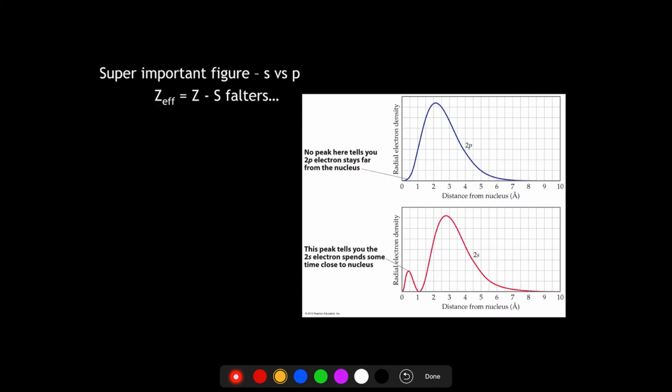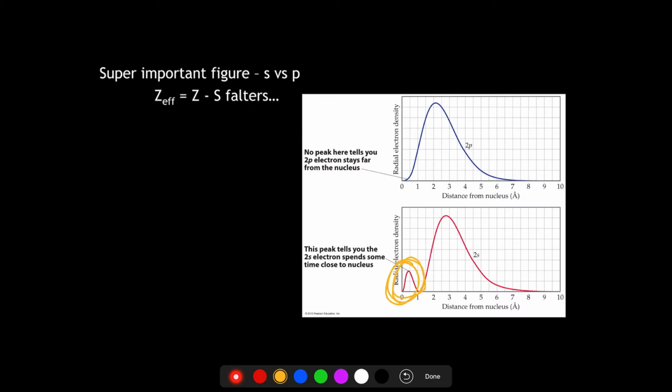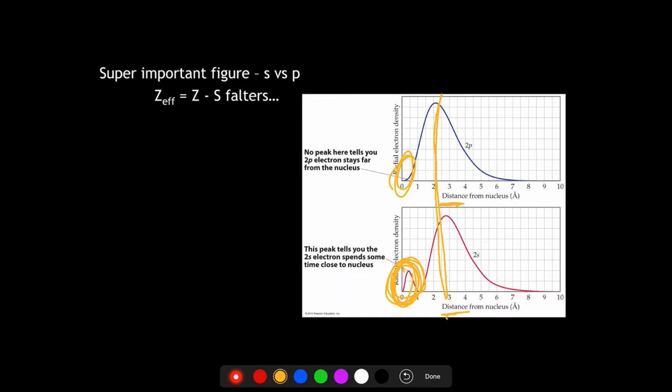Because what we're not taking into account are the shapes of our orbitals. Going back to what we talked about previously, a 2s electron has higher nuclear penetration than a 2p electron. They spend about the same average distance, but this one has that extra peak. Does that make sense? Which means that the 2s electron feels a little bit higher Z effective than one would calculate just using this. Does that make sense?